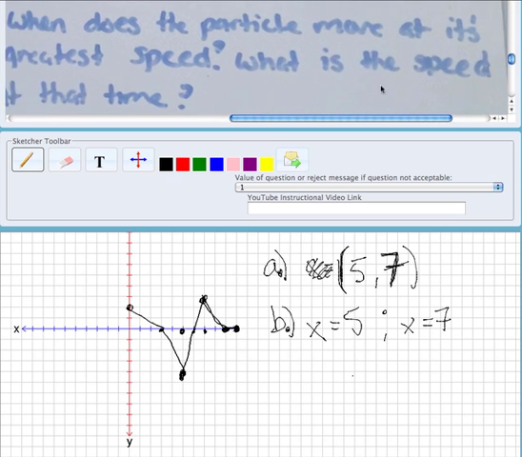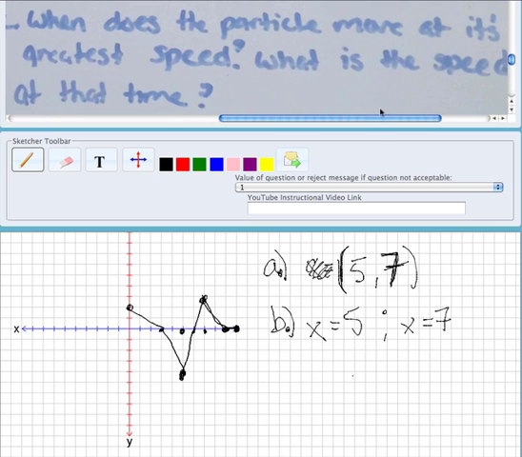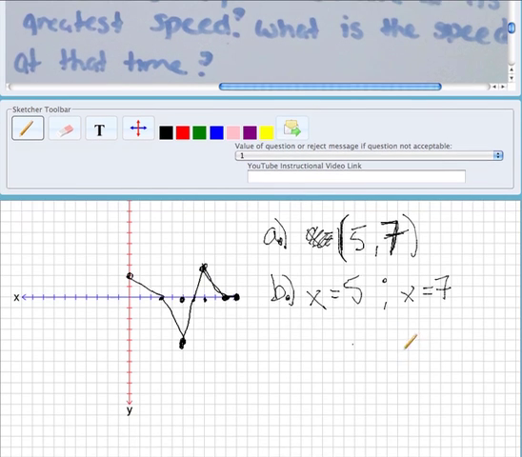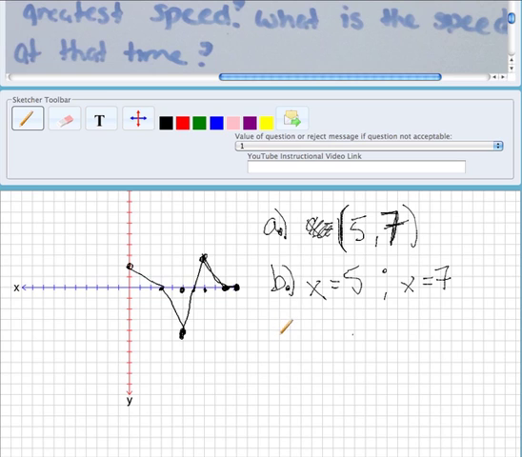And then the next question is when does the particle move at the greatest speed? What is the speed at that time? Okay, the greatest speed is going to be the slope, if that makes sense. On what interval is the slope the greatest? So there's actually one specific time.